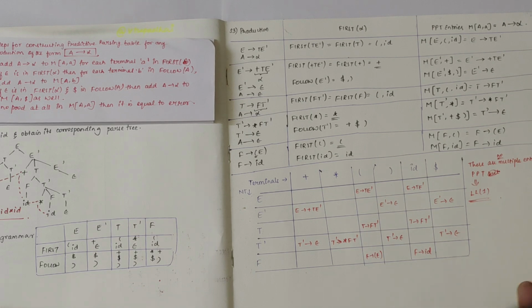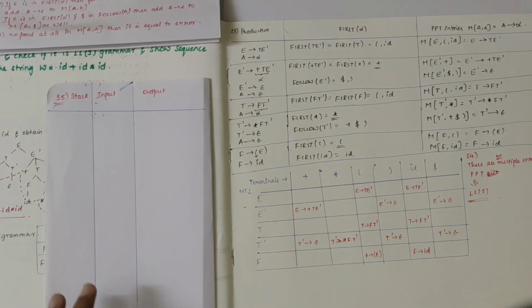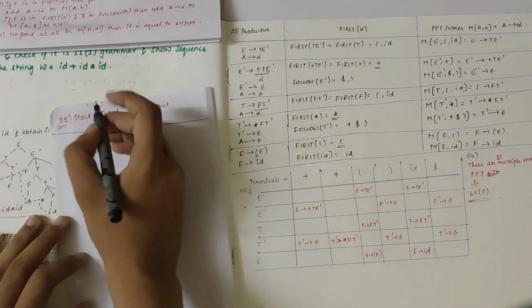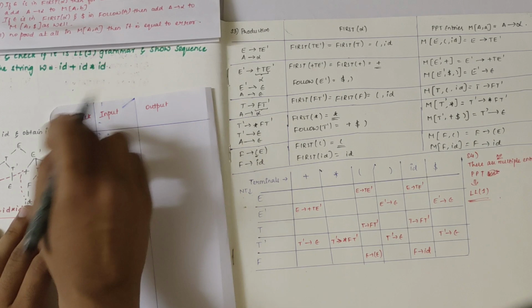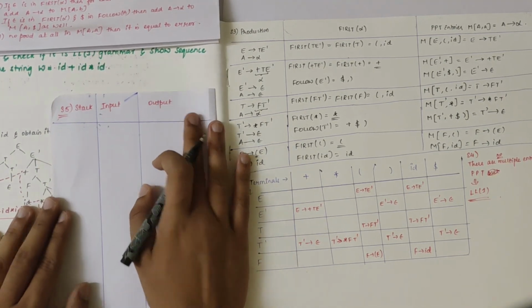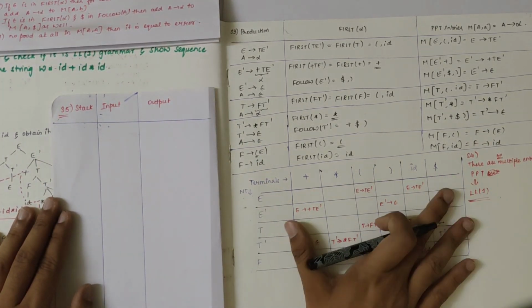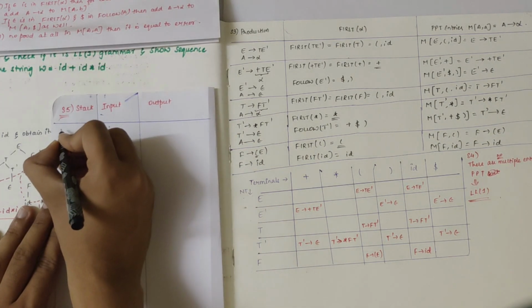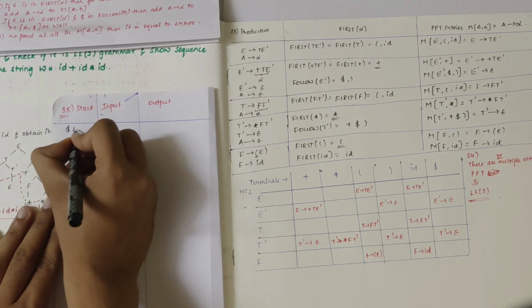So now our next step would be to show the sequence of moves made by the parser on the W value. For this step, that is to show the sequence of moves made by the parser on the string, I'll be taking a stack, input and output. With the help of this PPT, I'll be showing the sequence here. Firstly, we need to write $E.